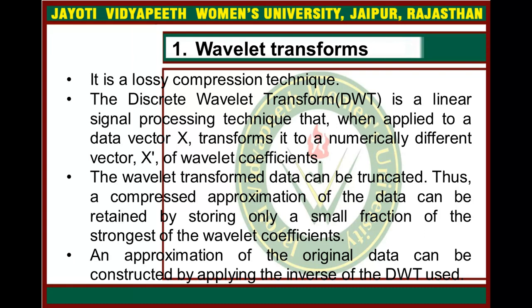Thus, a compressed approximation of the data can be retained by storing only a small fraction of the strongest of the wavelet coefficients. So an approximation of the original data can be constructed by applying the inverse of DWT. DWT means discrete wavelet transform.